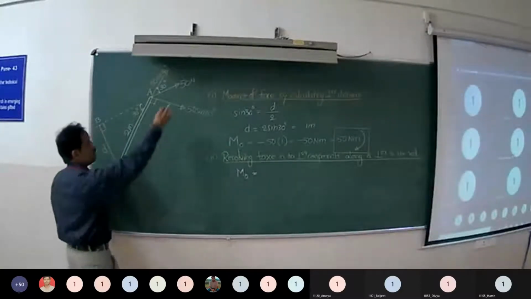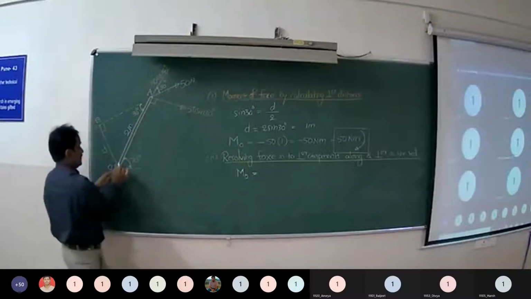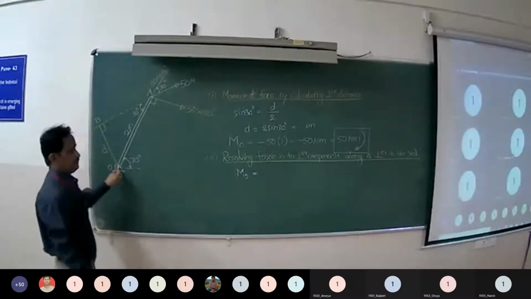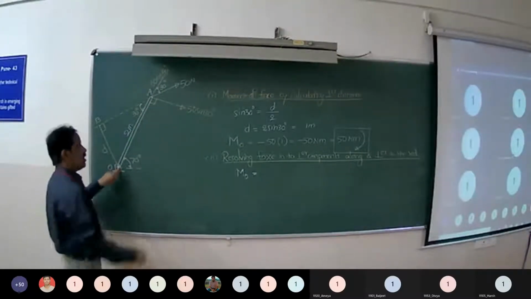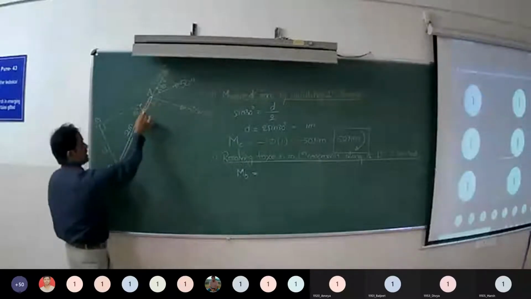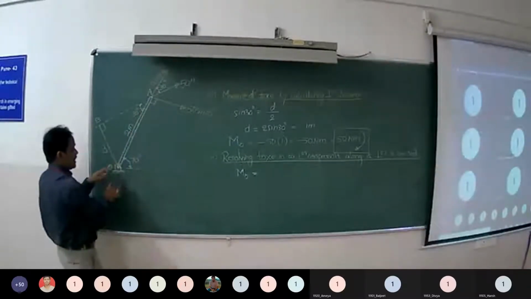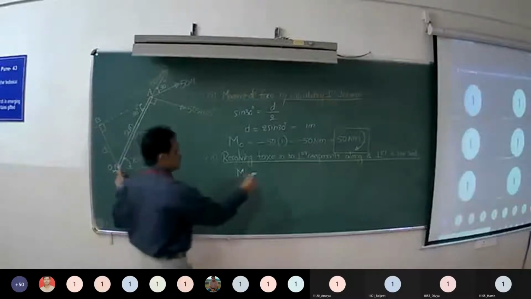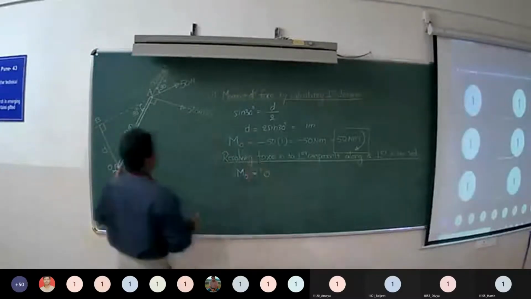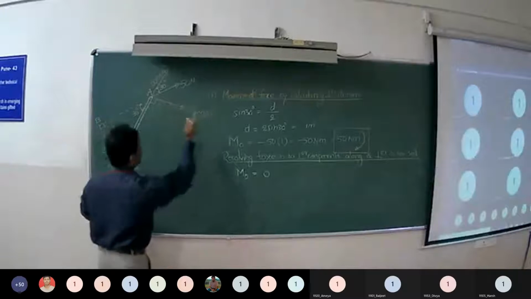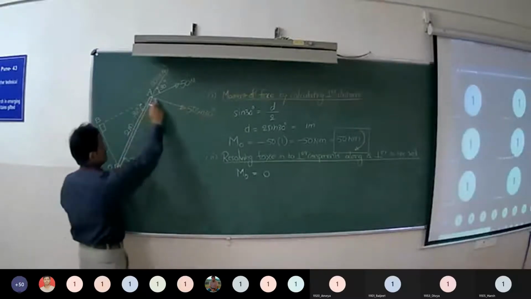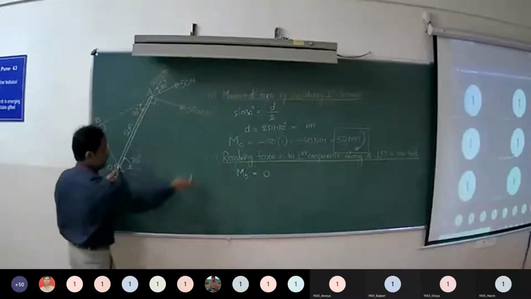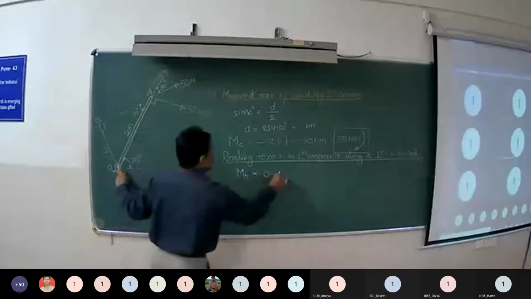Now tell me, what is the moment of 50 cos 30 about point O? It is 0, because the line of action of this component passes through point O. Now what is the moment of 50 sin 30 about point O? What is the sense of rotation? Clockwise.